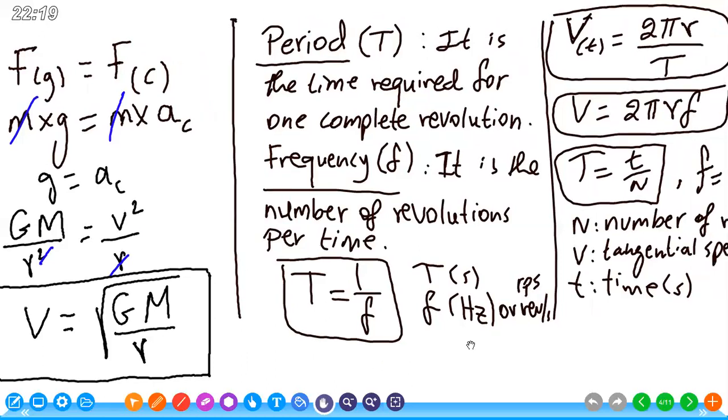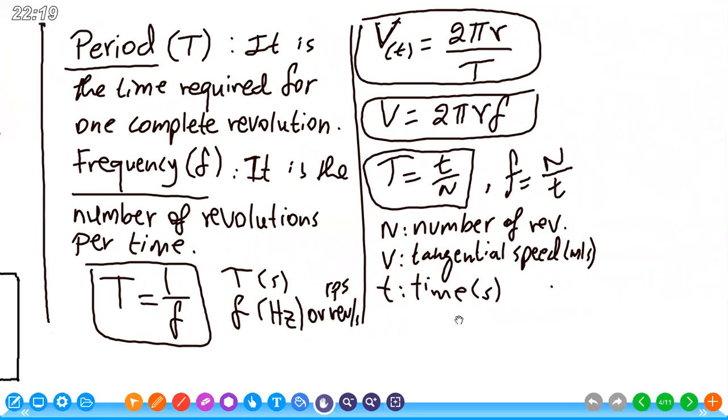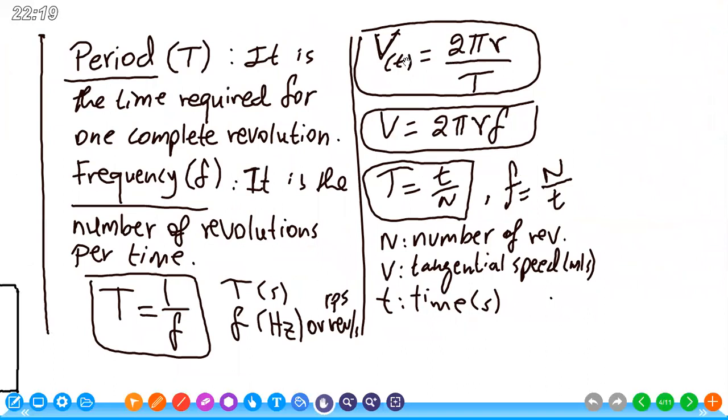Now, to relate this to our factors, the tangential speed is equal to distance over time. If I consider the time to be the period, which is the time for one complete cycle, then the distance is going to be the circumference, the distance of one cycle, which is 2 pi r.